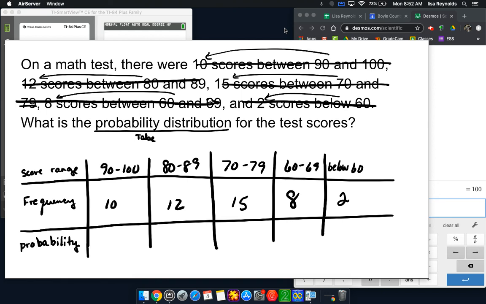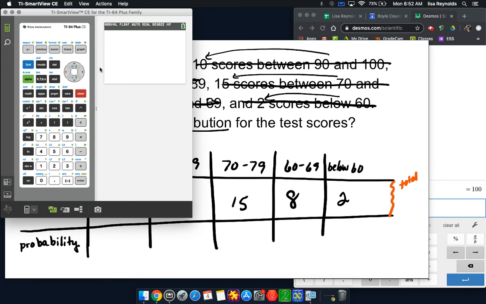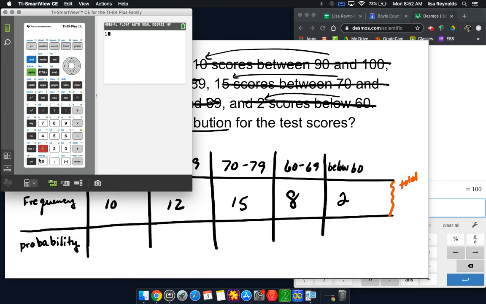Now, before we can calculate a probability, we need the total. So we need to do a quick calculation of our information. So we have 10, 12, 15, 8, and 2 to get 47.